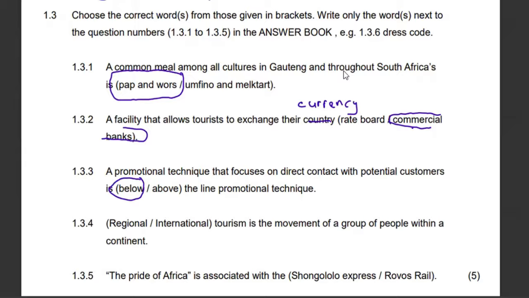Then 1.3.4, regional or international tourism is the movement of people within the continent. That is known as regional tourism.